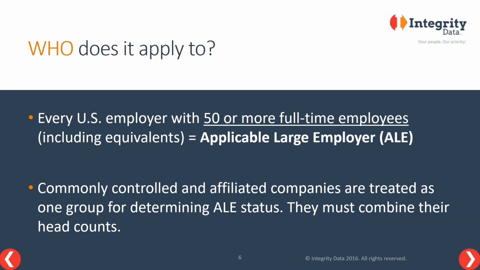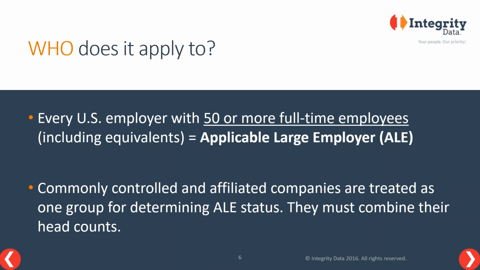So it's a unique calculation, but it's important because that determines whether or not you need to be in compliance with the mandate. Also, that FTE count crosses employer lines. So if you have multiple individual employers or EINs that are commonly controlled or affiliated, then those all have to be counted together.